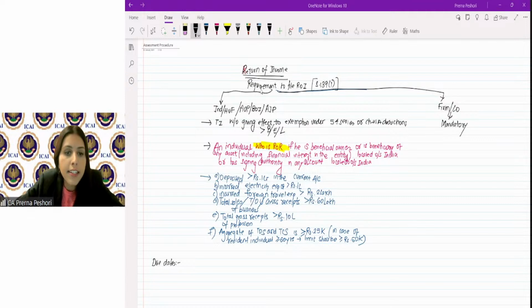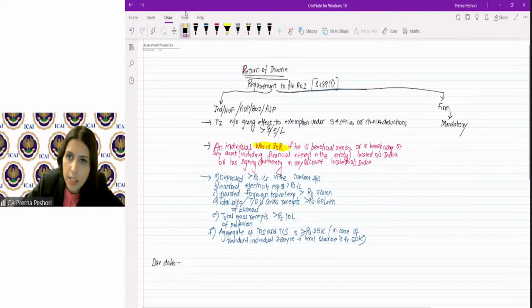Yes, 31st July, 31st October, yes. You're correct, Shailesh. So there are different due dates. First of all, let's say for example, the assessee is a company. The due date is 31st October.